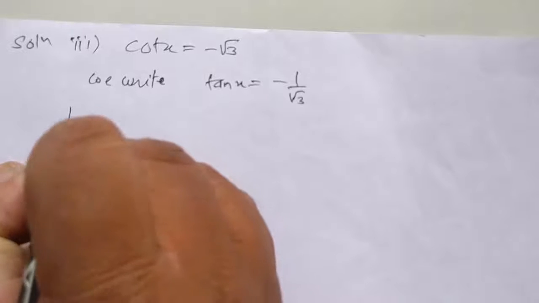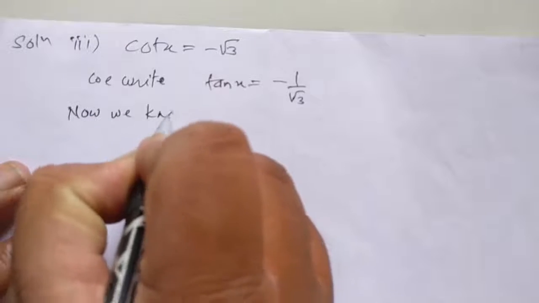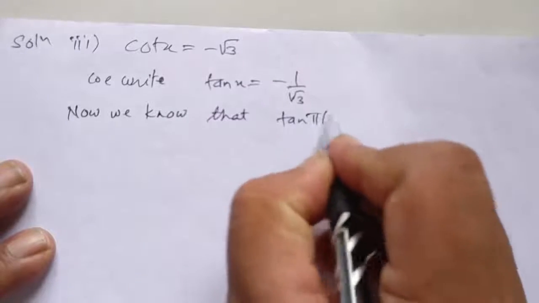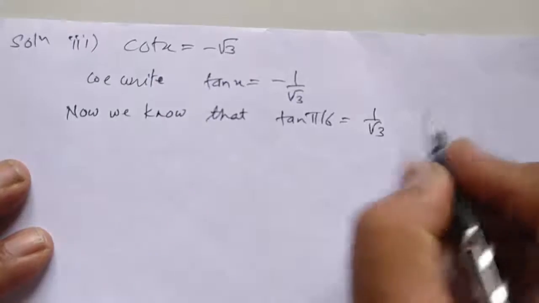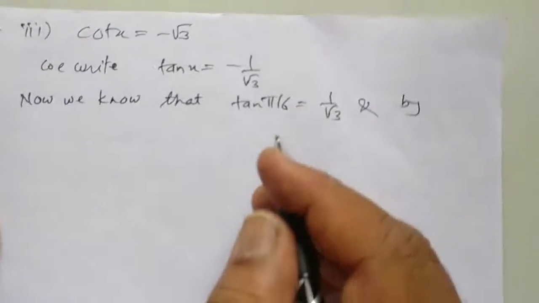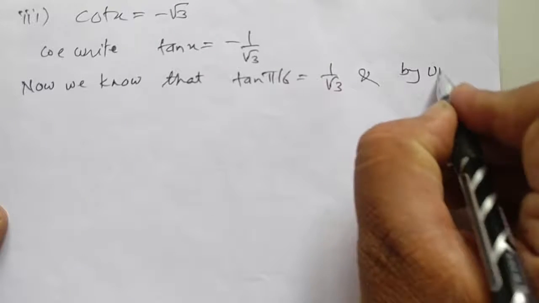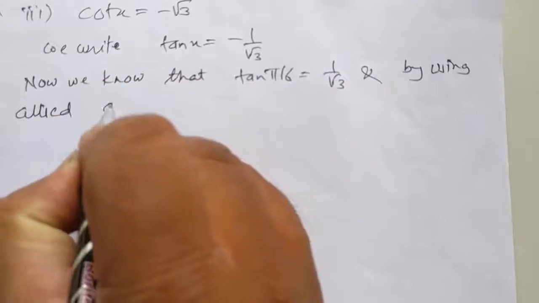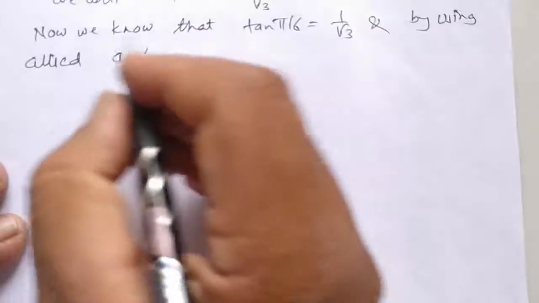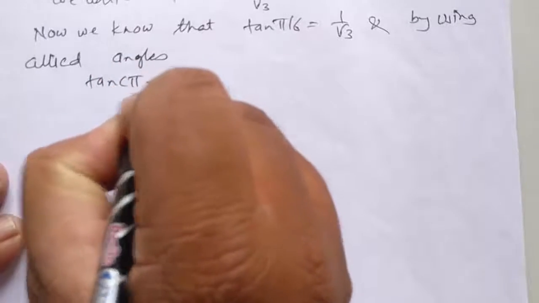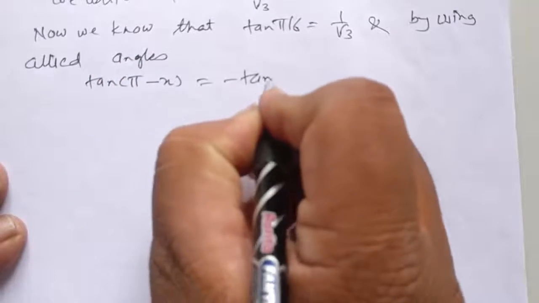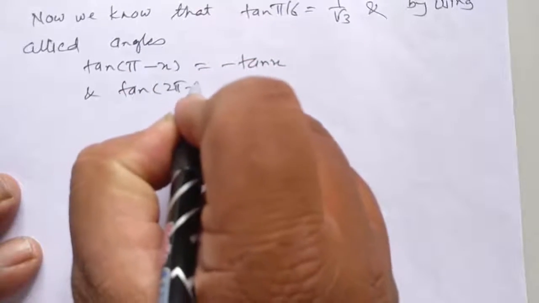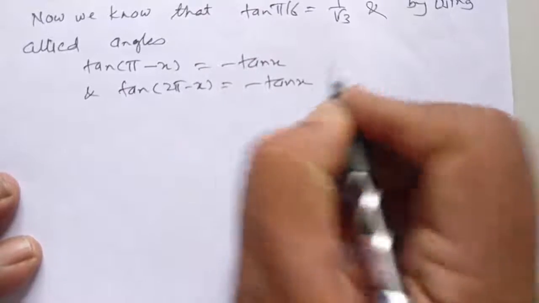We know that tan of pi by 6 is equal to 1 upon root 3, and by using allied angles, tan of pi minus x is equal to minus tan x, and tan of 2 pi minus x is equal to minus tan x.